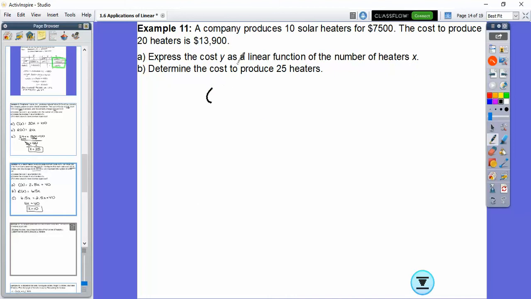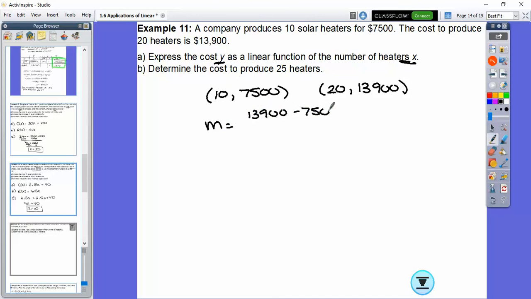Okay, so I know cost is my y, the number is my x. So 10 costs 7,500. 20 costs 13,900. So slope, y sub 2 minus y sub 1 over x sub 2 minus x sub 1.